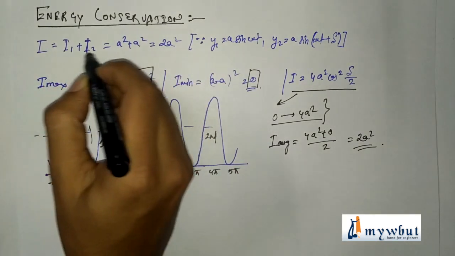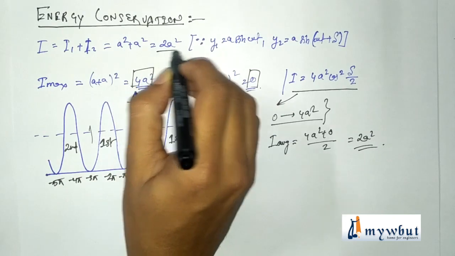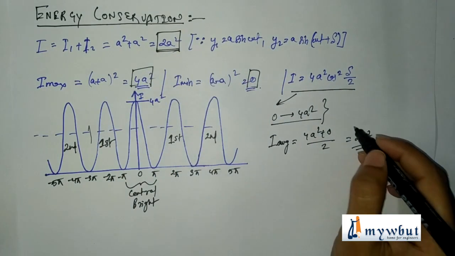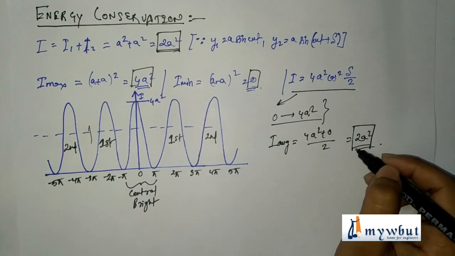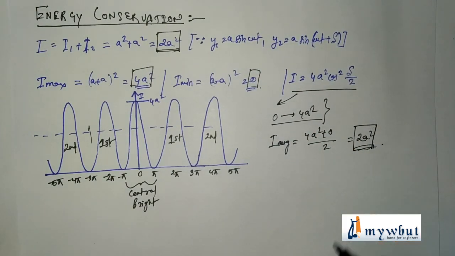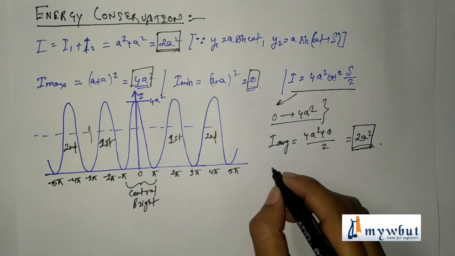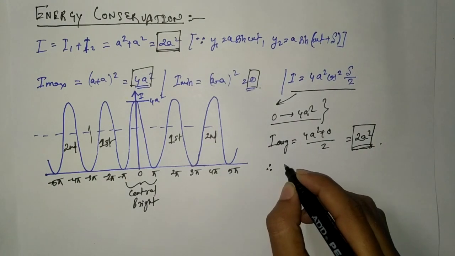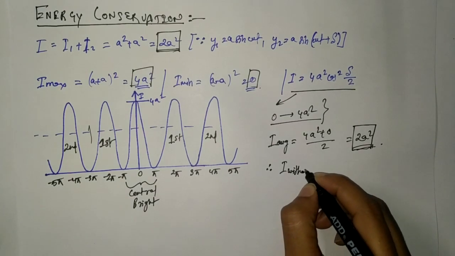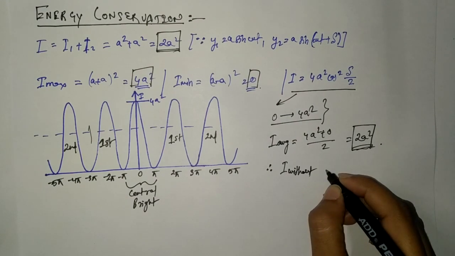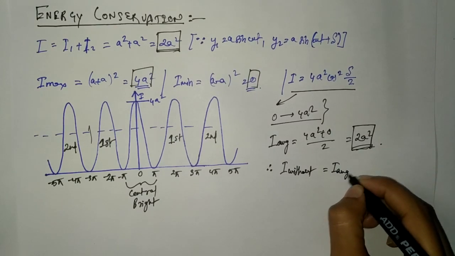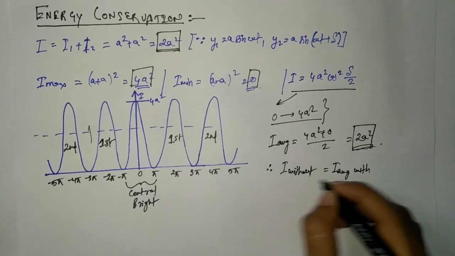We have seen that in the absence of interference, we are getting the resultant as 2A square, and also in the presence of interference, we are getting the average intensity value as 2A square. Therefore, intensity without interference is equal to average intensity with interference.